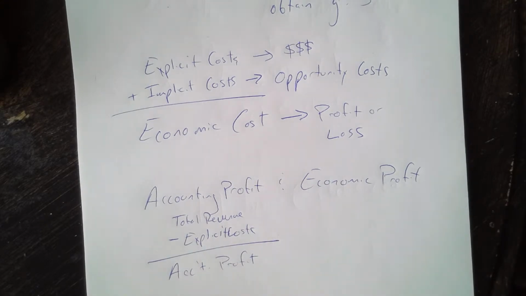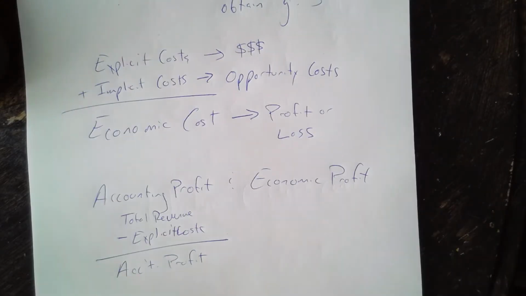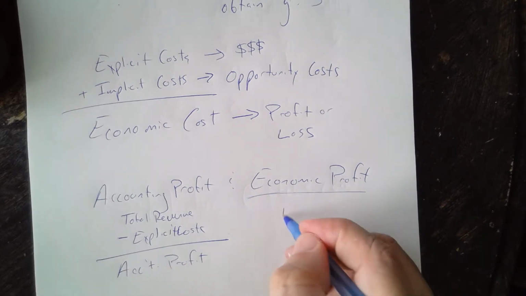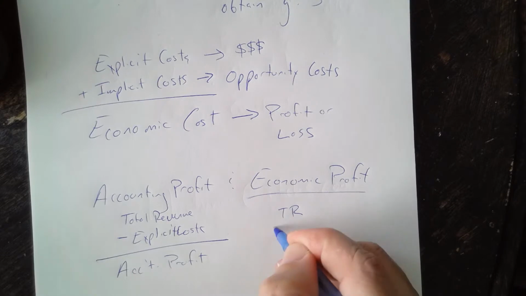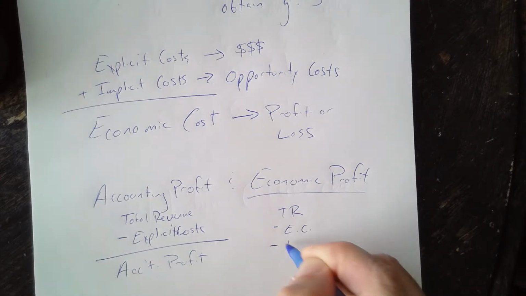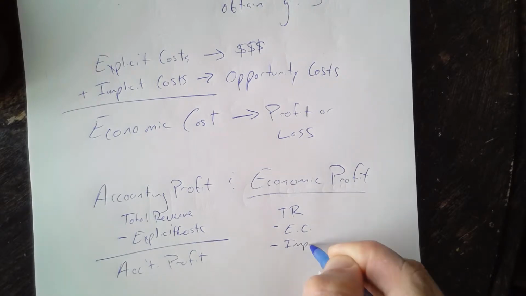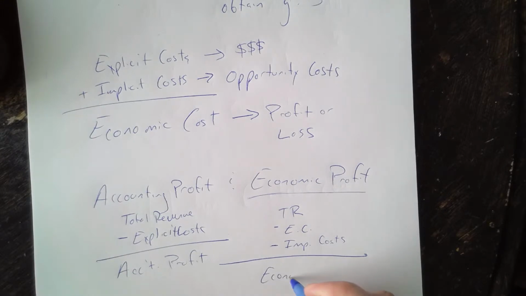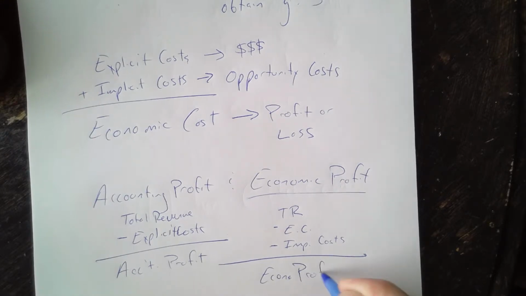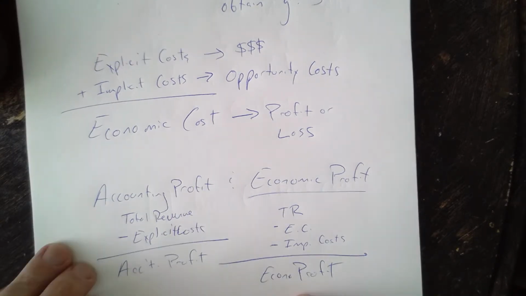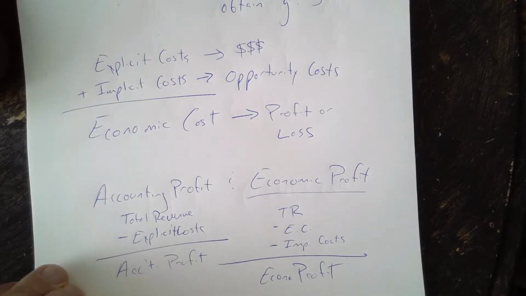All right, but when we look in our little economic world, this one becomes more important. This is your total revenue minus your explicit costs and your implicit costs, and that will equal your economic profit. All right, we're very, very loyal to this in the world of microeconomics.